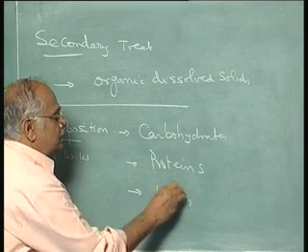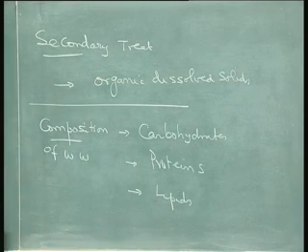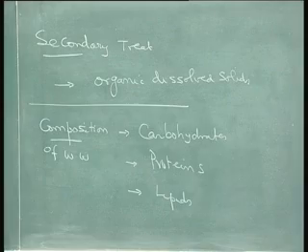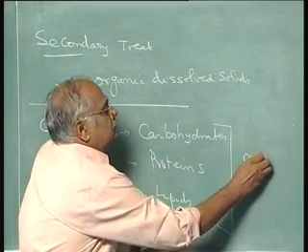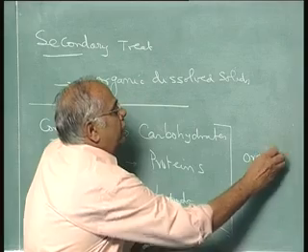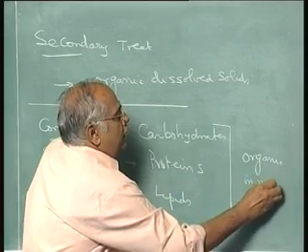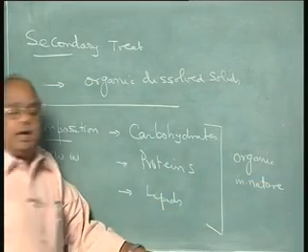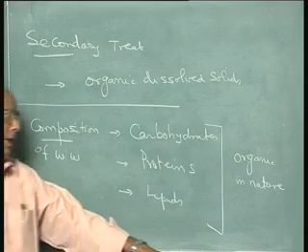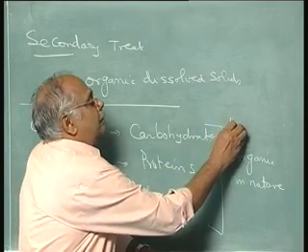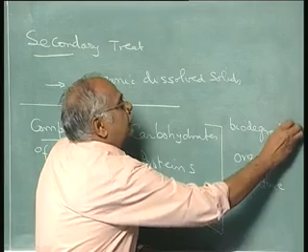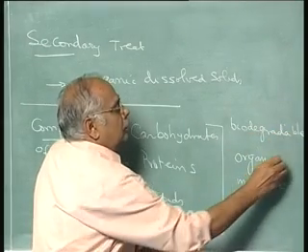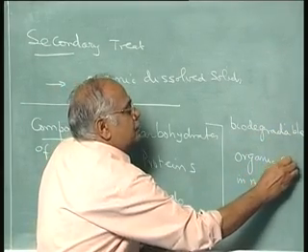These are the three major components which are coming out in the wastewater. All these things are organic in nature and they are also biodegradable. In other words, biodegradable organic components or compounds.